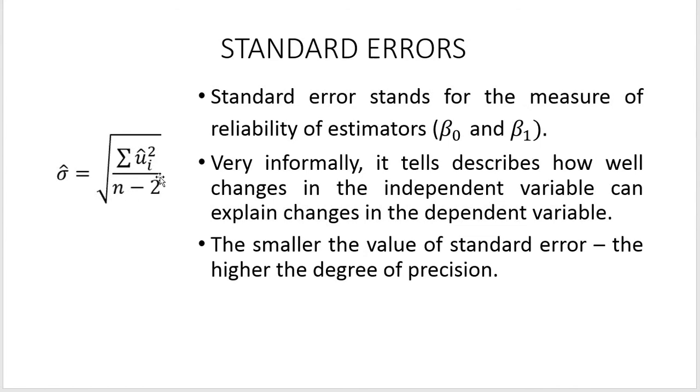So very informally, standard error tells you how well changes in the independent variable of your choice can explain the changes in the dependent variable. So the smaller the value of standard error is, the more reliable is your estimator.